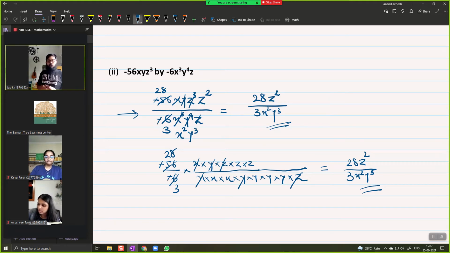You have to get habituated to do it directly because we are moving towards a topic which is known as long division, and in long division you will have to carry out the division. You cannot do the division in an expanded form, because there is already a huge division present. So you have to get into habit of doing direct divisions for monomials.